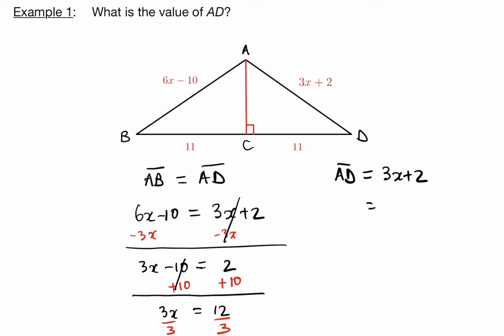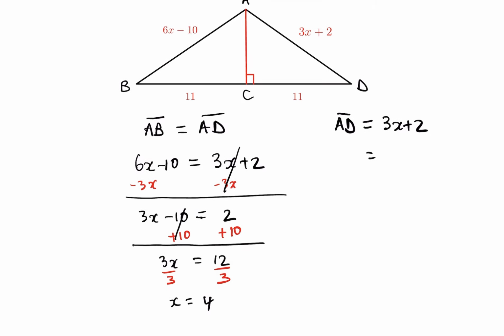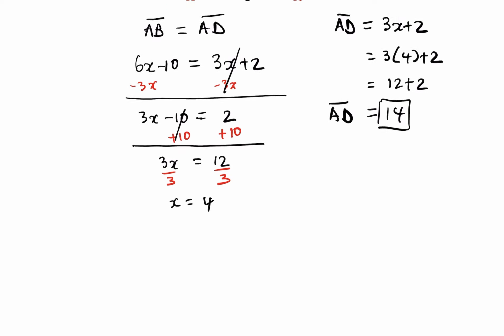We just solved that x is equal to 4, so we substitute that in for x. Then this becomes 3 times 4 plus 2. This works out to 12 plus 2. And so the value of AD is 14. All right, so let's go ahead and move on to example 2.